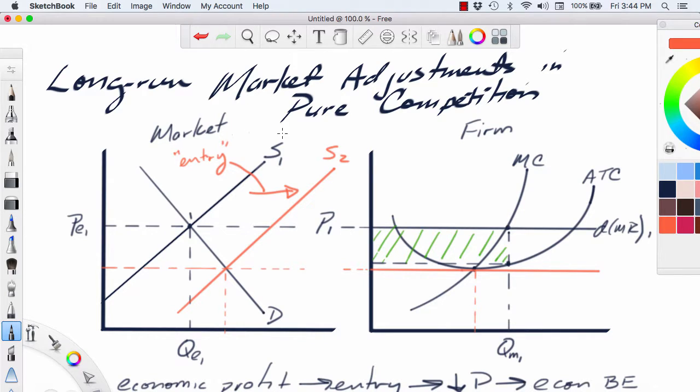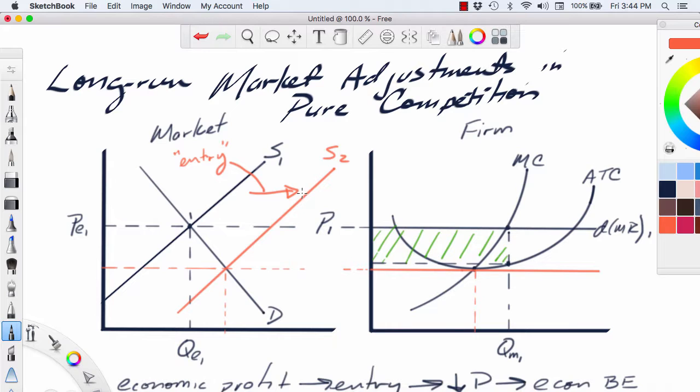Entry can only occur in the long run. Remember, in the short run, the plant size of the firm, the scale of the firm, is held constant. In the short run, you cannot change the scale of operation, which means firms don't have time to get in. They don't have time to set up and get into the market. So the assumption is in the short run there can be no entry.